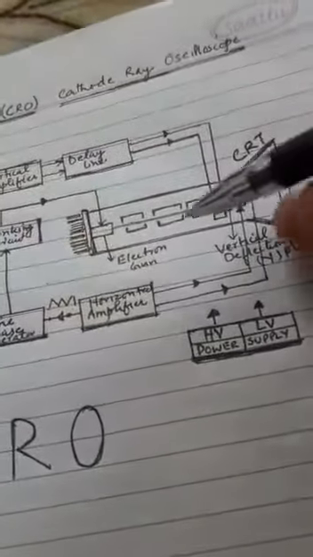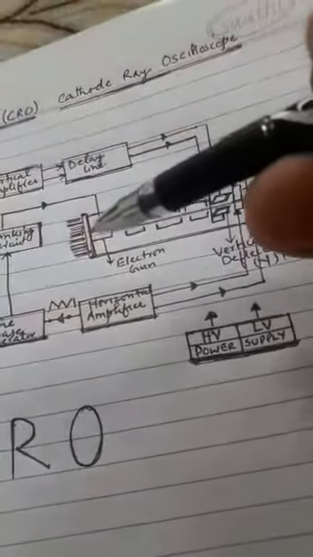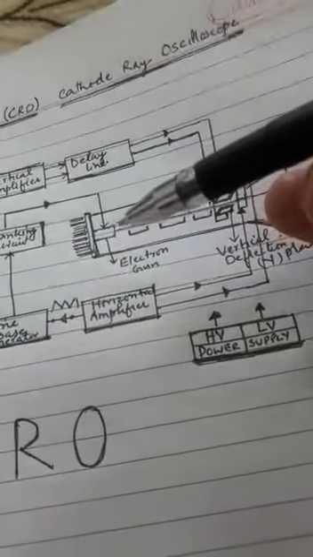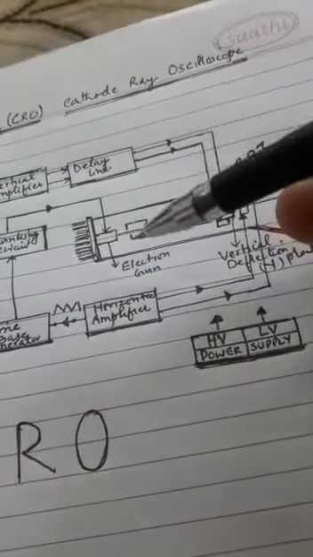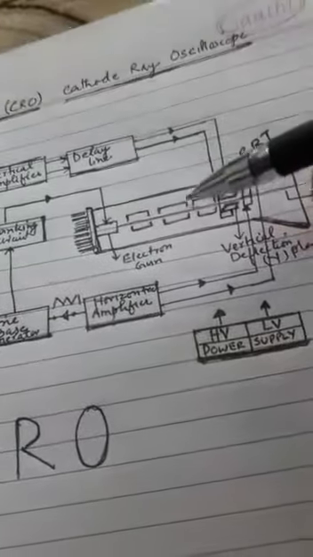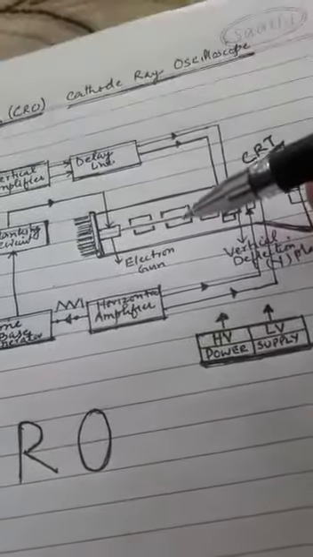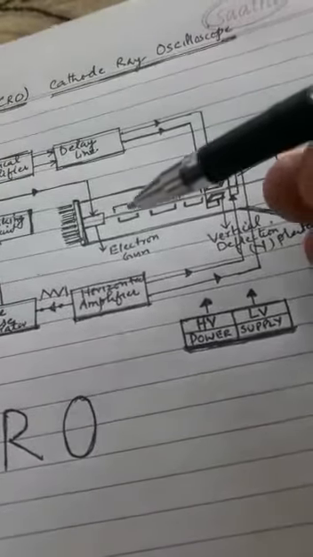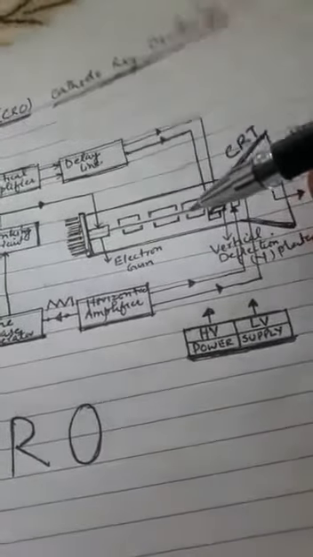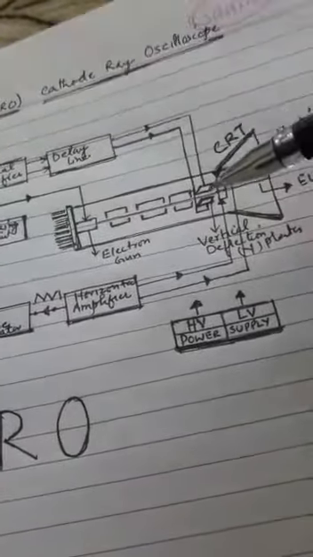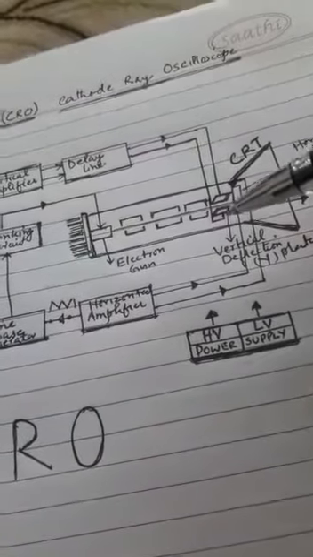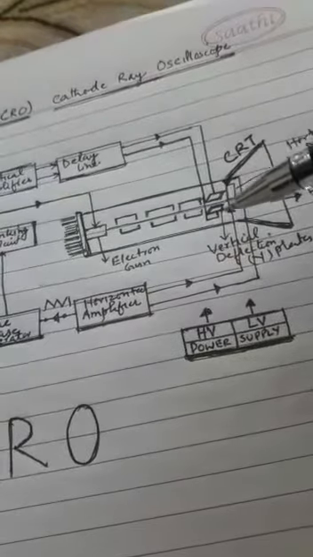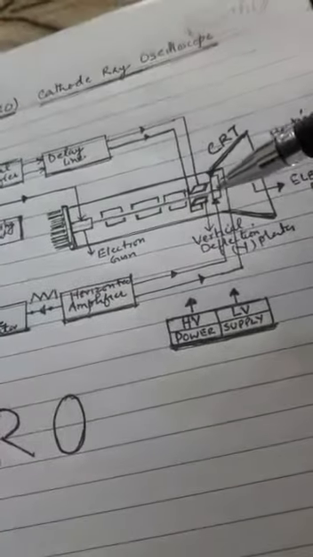I have previously told you that an electron beam comes at a high speed from the electron gun. These are accelerating anodes. I have discussed them already with you. These are deflecting plates. This is a vertical plate, and this is a horizontal plate.